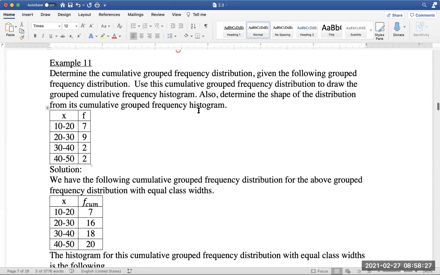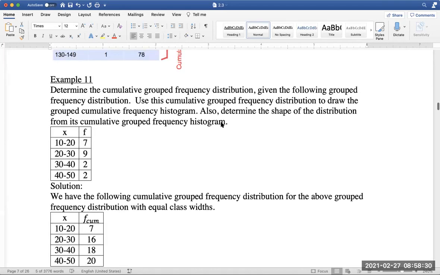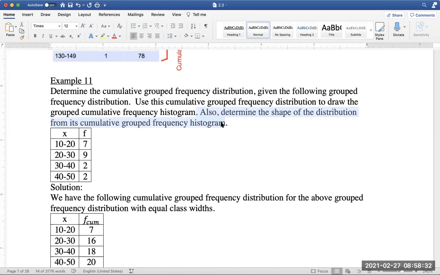And so this should not have been asked. You cannot tell shapes from cumulative. So if it says cumulative, you should not be looking at the shape, okay?